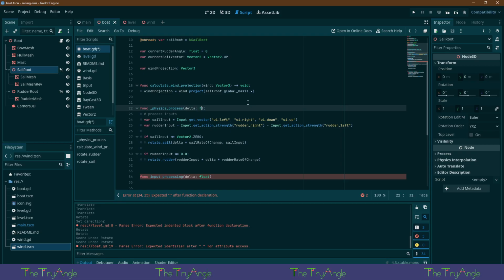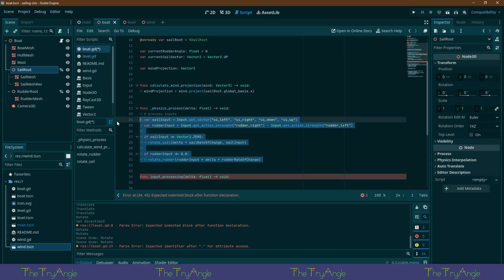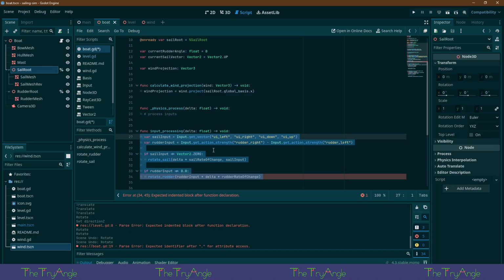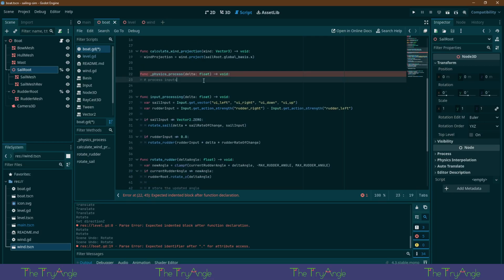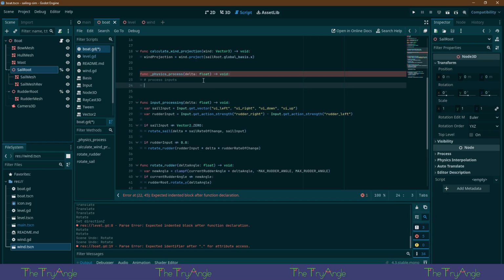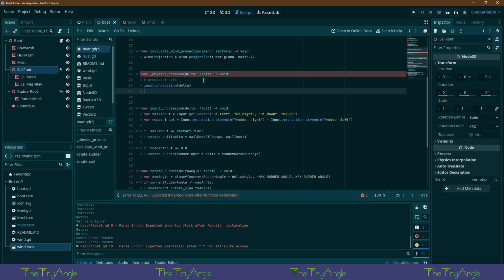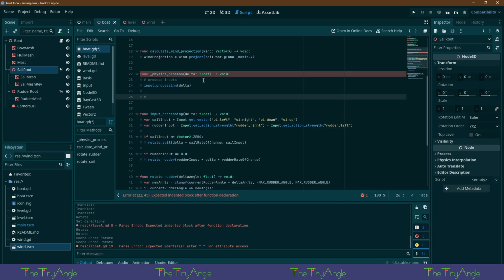All right, there we go. Cool. It just clears out that main function. So input processing, and what are we going to do this? Now we're actually going to do the kinematics.